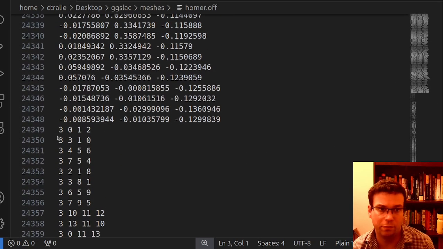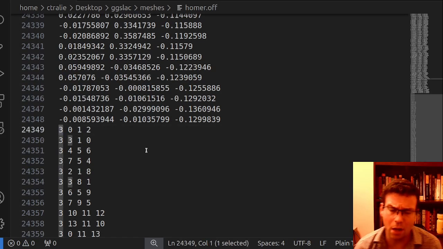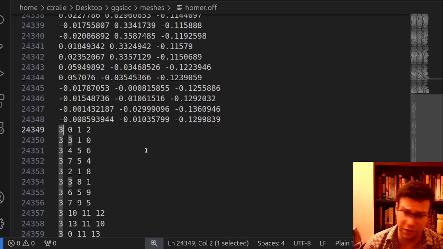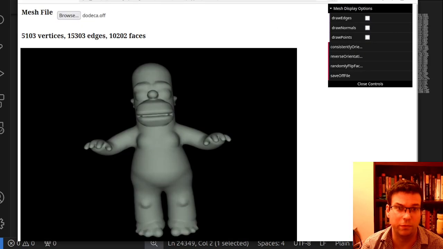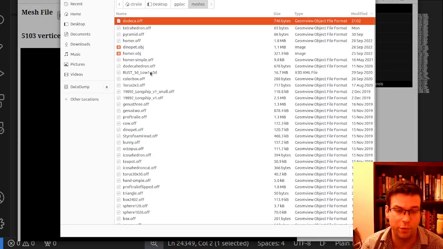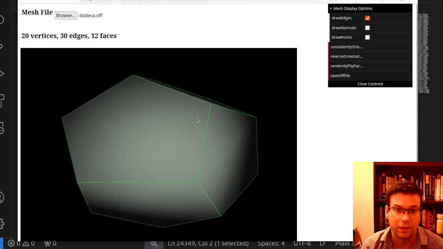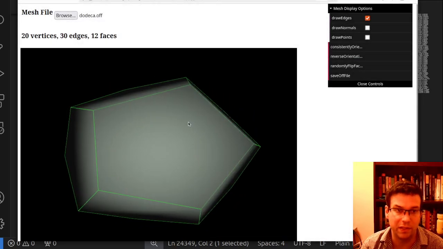There is one extra thing here. The OFF file format can actually accommodate non-triangular faces, so it actually has an extra field at the beginning which says how many vertices make up each face. So as an example of a mesh with non-triangular faces, if I open up this dodecahedron here, this has pentagonal faces.